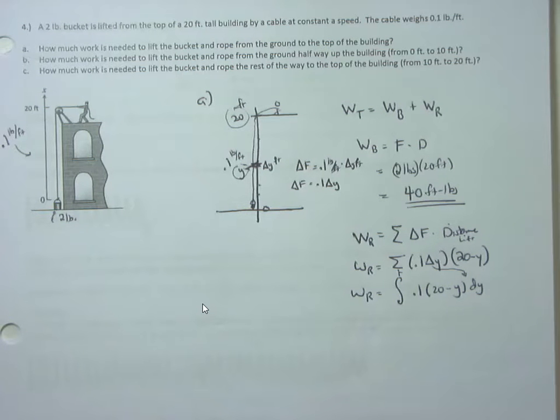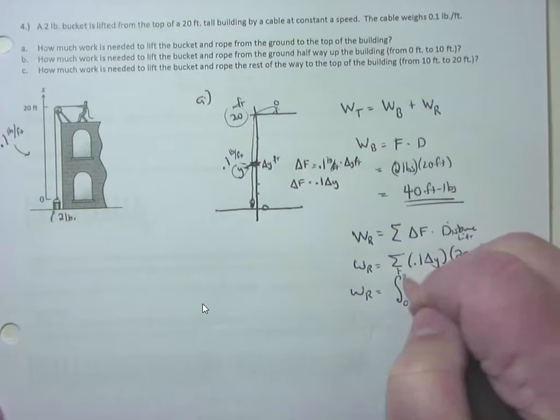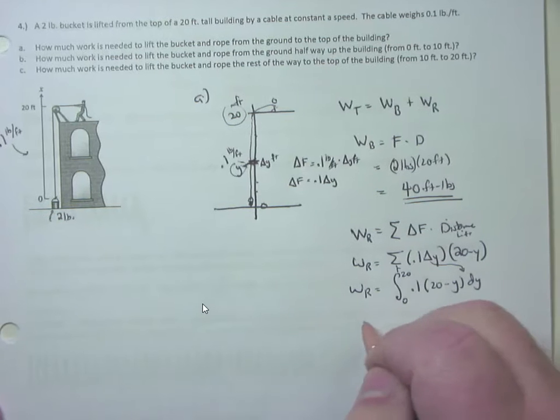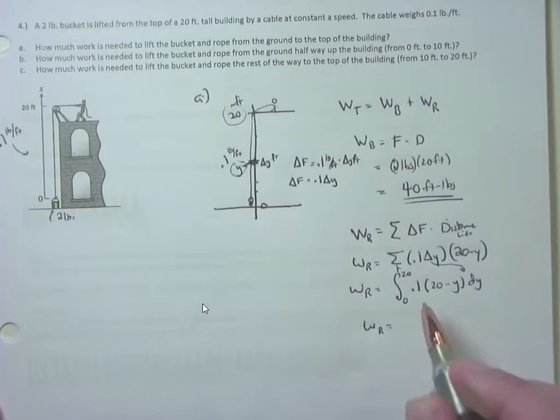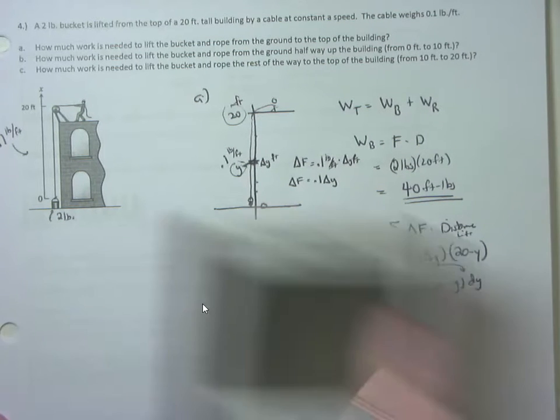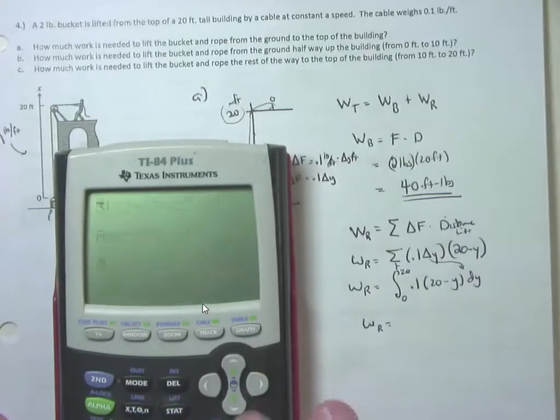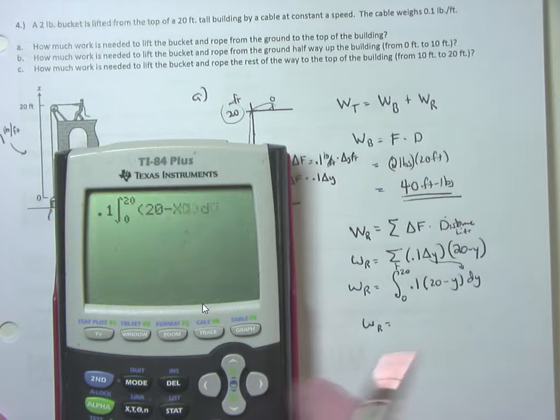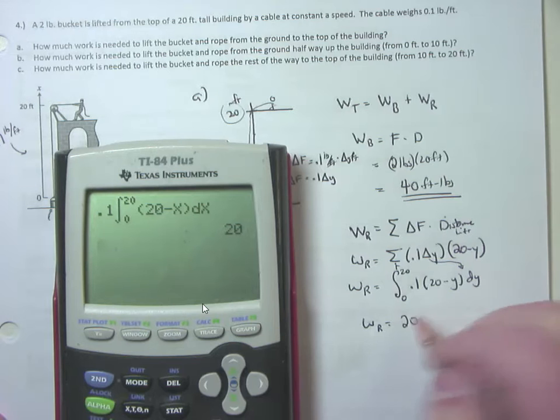So what's my bounds? 0 to 20. And just to save a little time, because this is easy integration math, I'm just going to put that on the old calculator here. This would be 0.1 times math number 9, function integrate from 0 to 20 of 20 minus y, or in this case x dx. And I get 20.